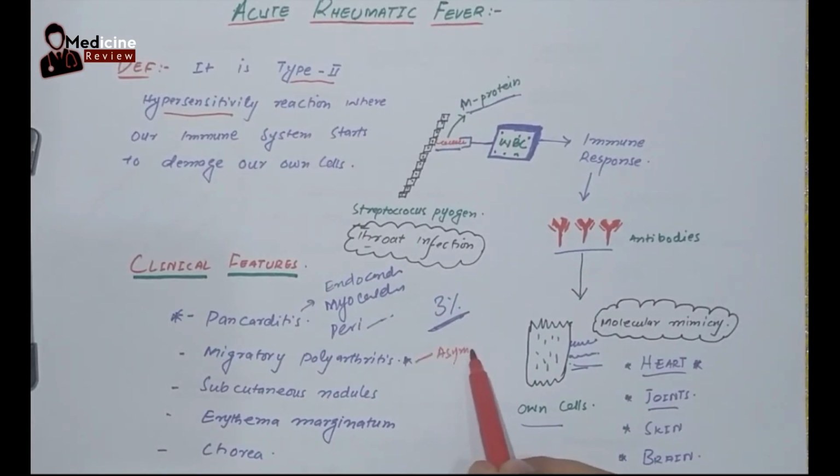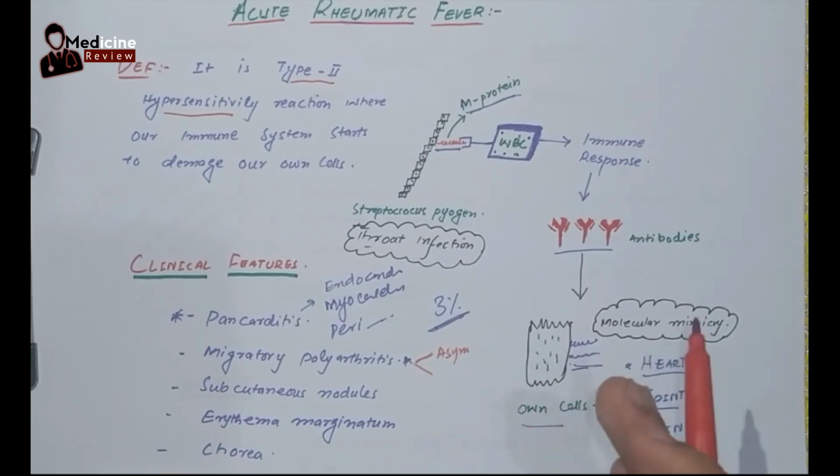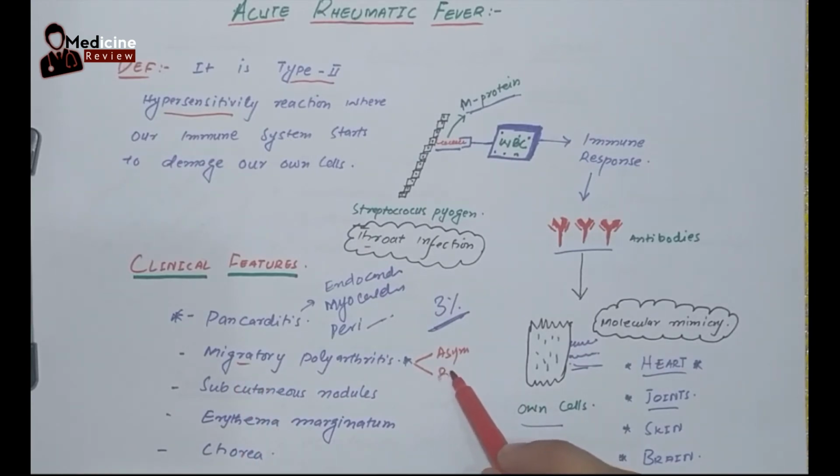Another important point: for example, the ankle is inflamed, so after some days the ankle will be normal, but the shoulder will become abnormal. This means the arthritis keeps migrating from one larger joint to another larger joint, so it is important to understand the migratory nature. Another point is that this arthritis is reversible. After the disease, these joints become normal and retain their normal function of movement.